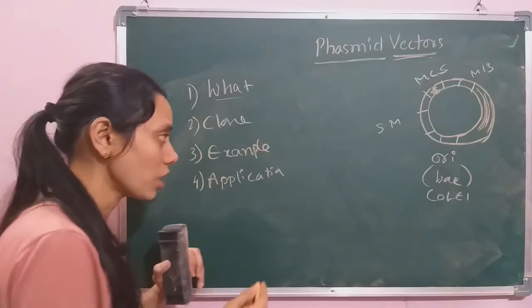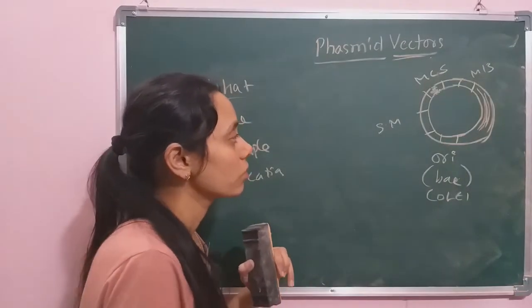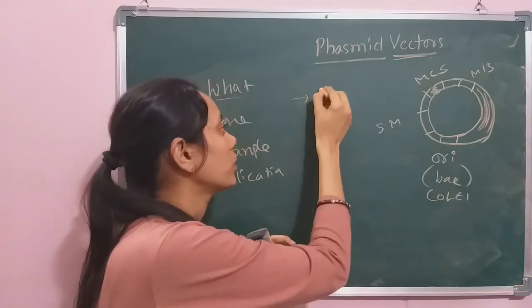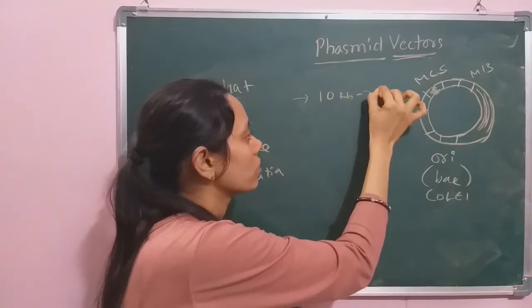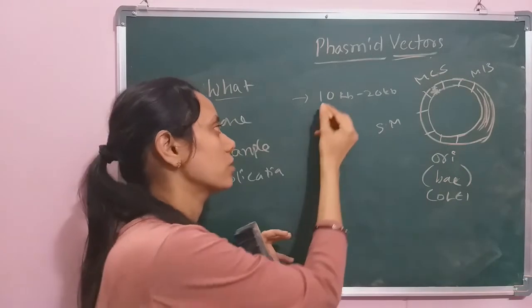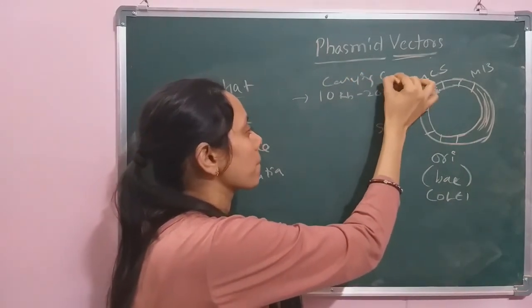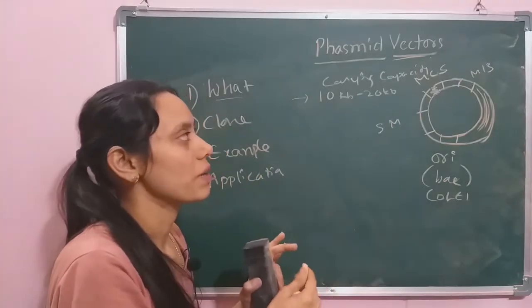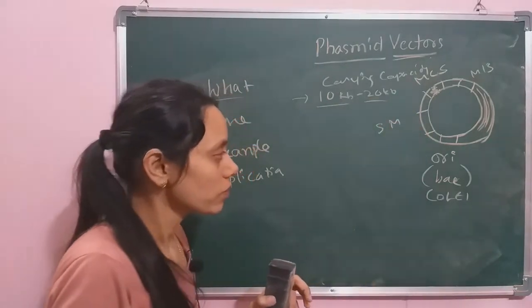So how do we clone a gene of our interest or segment of DNA in it? Here, the gene of our interest will be up to 10 kb or maybe 20 kb. This is the carrying capacity of the phasemid vectors, which is 10 to 20 kilobase pairs.